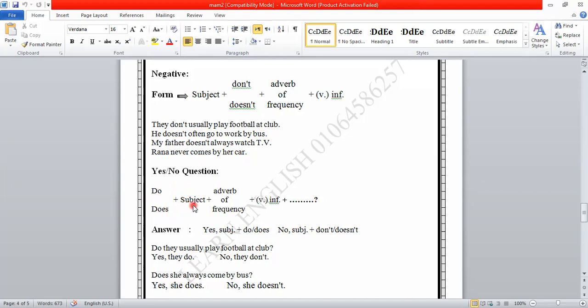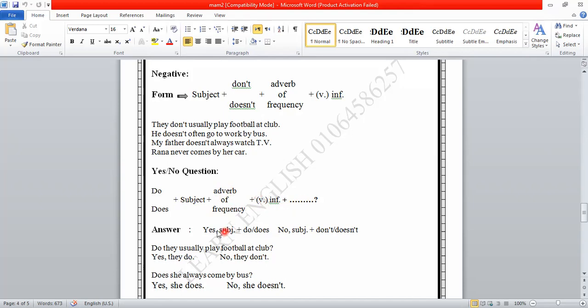Then we put the subject regarding the singular or plural noun, do or does. Then we put the adverb of frequency, and we put the verb in infinitive form. Complete the question you write.